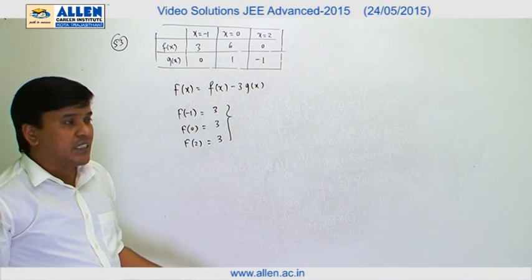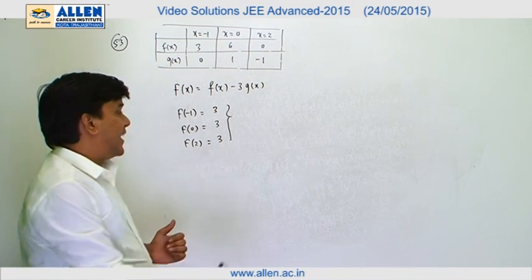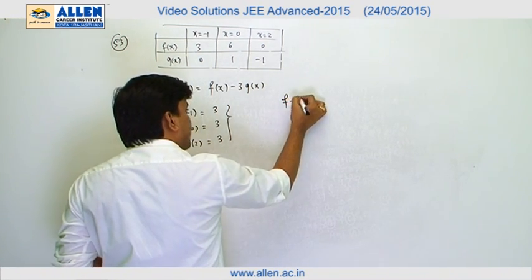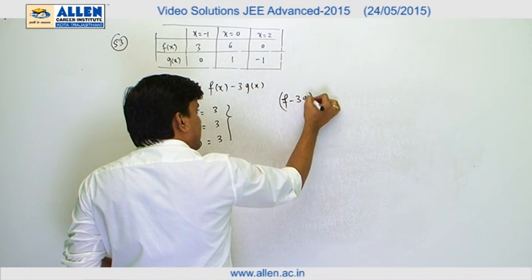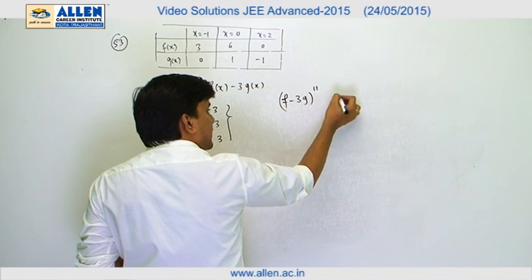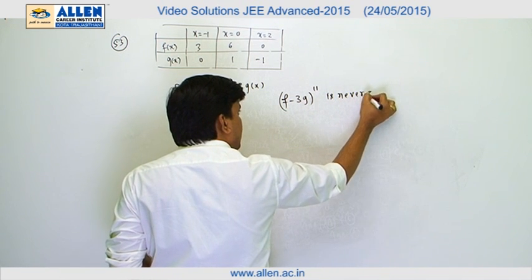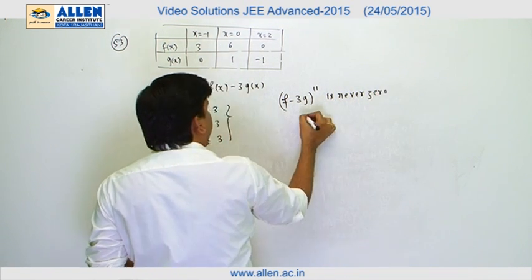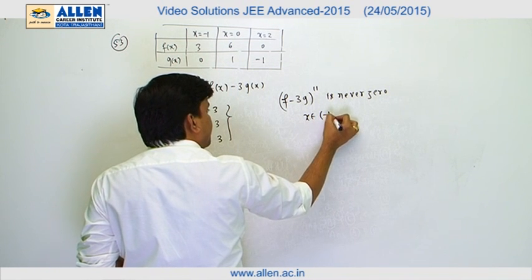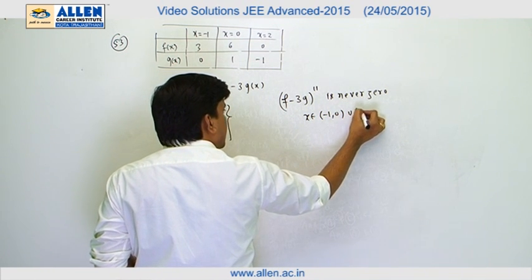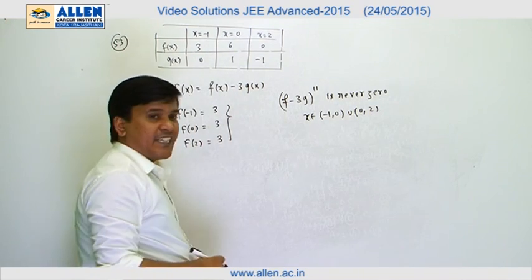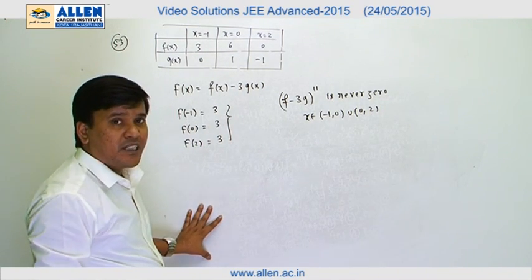For that we have an extra information that the double derivative of f minus 3g is never 0 for x belonging to -1 to 0 union 0 to 2. So it is not speaking at x equal to 0, but the function is twice differentiable.